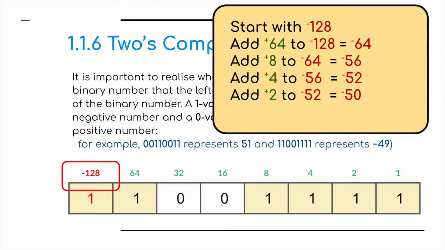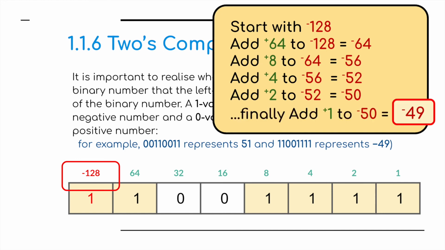Add positive 2, we'd get minus 50. And finally add positive 1, and we would get minus 49. And this is how we represent the minus numbers. We're adding the positive numbers, the ones in green as you can see here, to the minus 128. But that's it. That's how you would do the 2's complement representation of negative numbers.